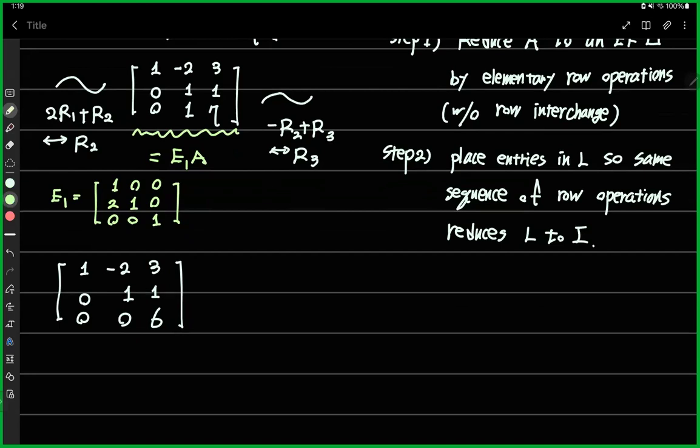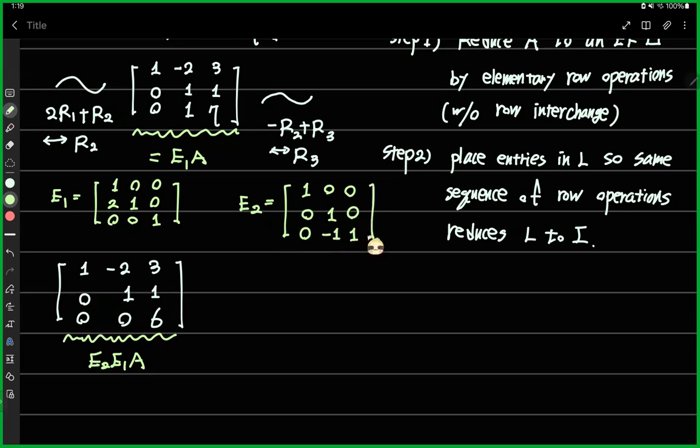So this E2 is going to be E2 times E1 times matrix A. Now E2 is equal to 1, 0, 0, then 0, 1, 0, and then 0, minus 1, and 1, right? Okay, that's E2.